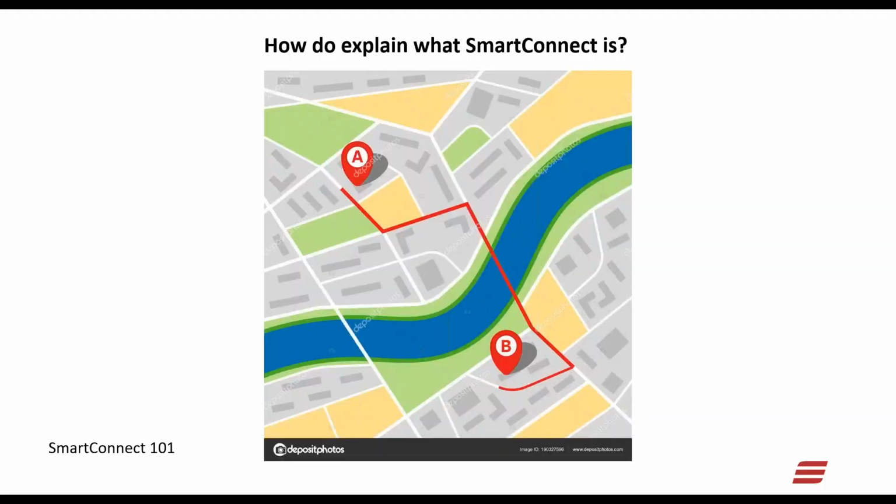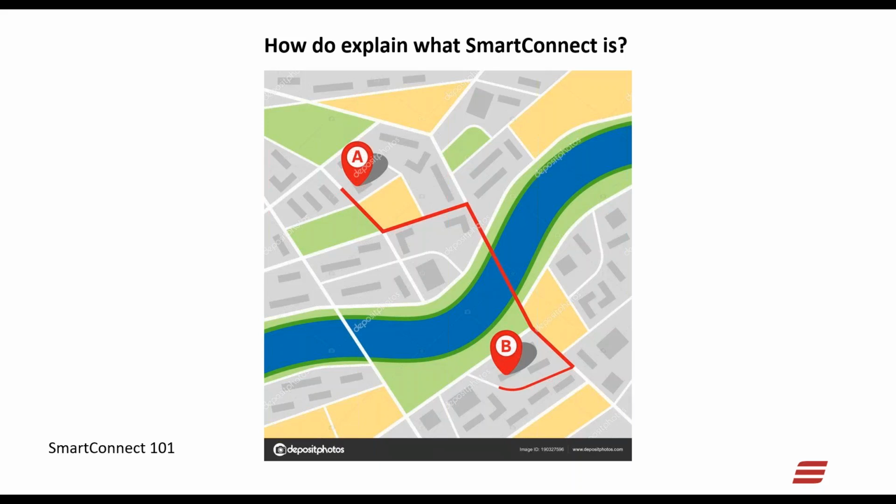See if my slides turn in. There we go. So when I explain to customers or partners what SmartConnect is, I like to try and talk in the simplest terms I can think of, right? We don't want to be throwing out big words that people have to think about what they mean, right?